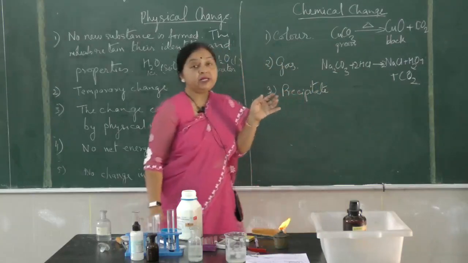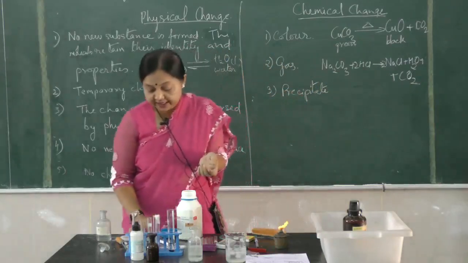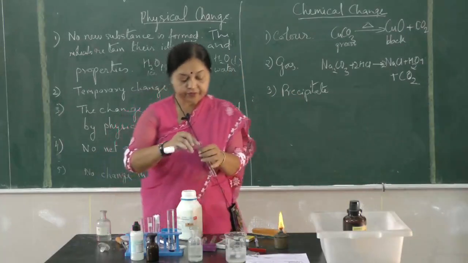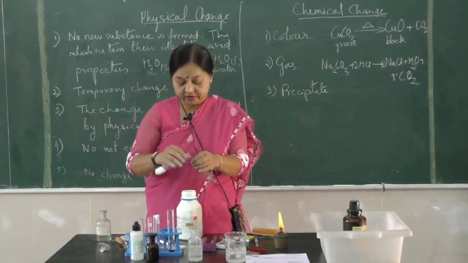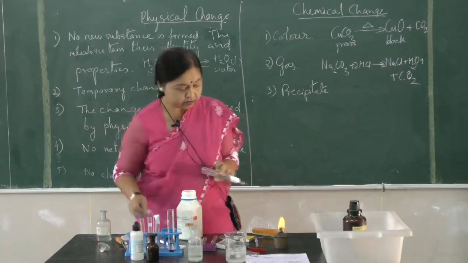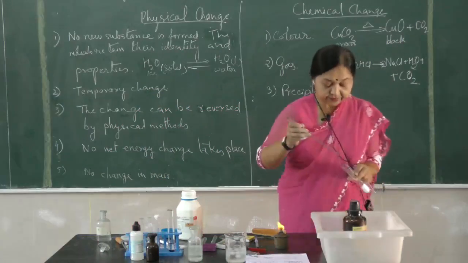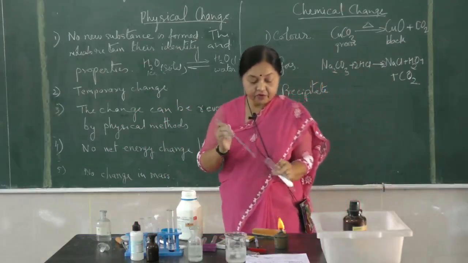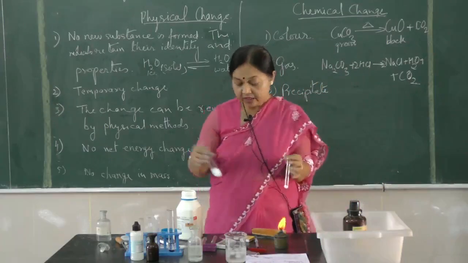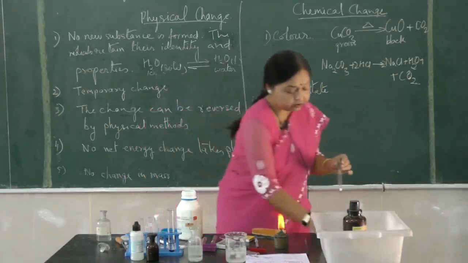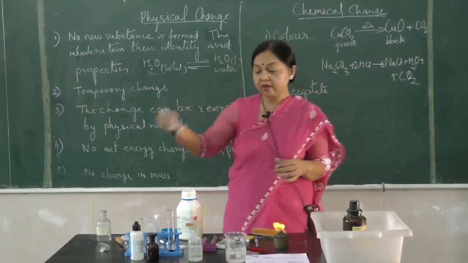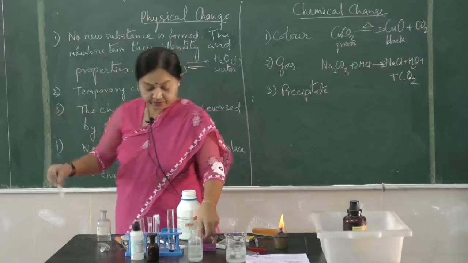So color, gas, third is precipitate. A precipitate may be formed in a chemical change. For example, let's take some sodium chloride, but it has to be in solution form, so I'll add some water to it and make a solution.